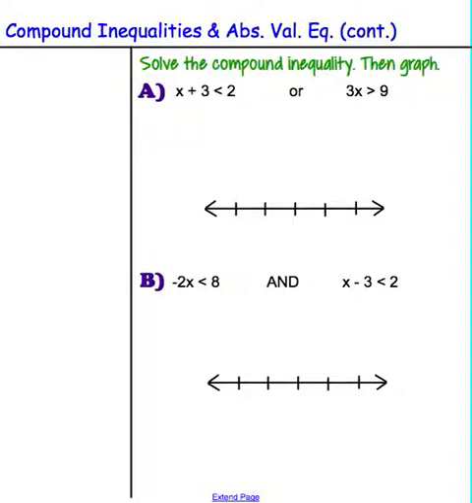So our first one we have here is x plus 3 is less than 2, or 3x is greater than 9. We're going to solve these like normal. We would subtract 3 on both sides, and this would give me x is less than 2. Or sorry, not 2, -1.